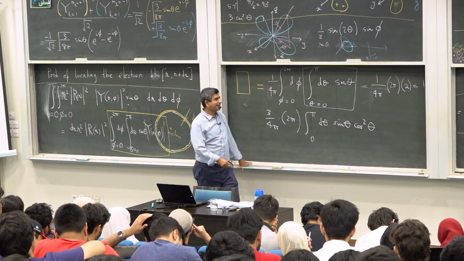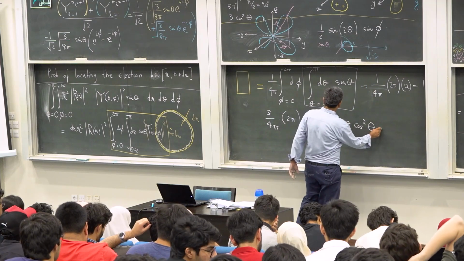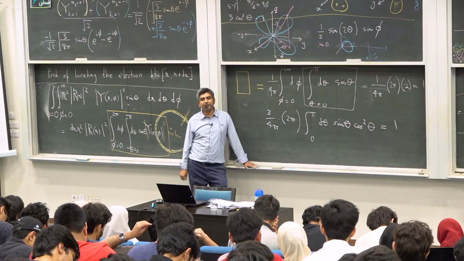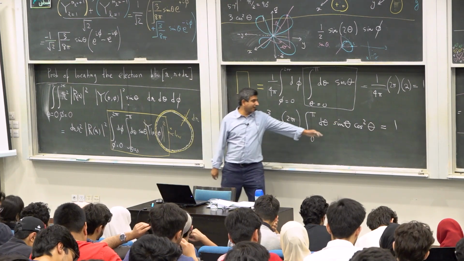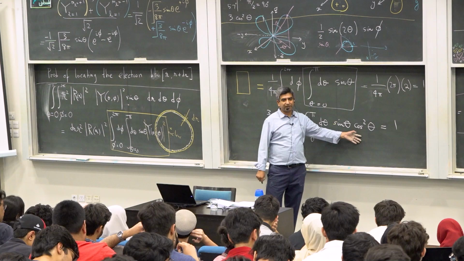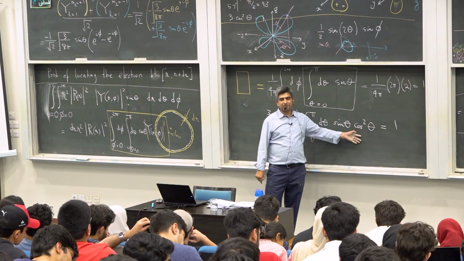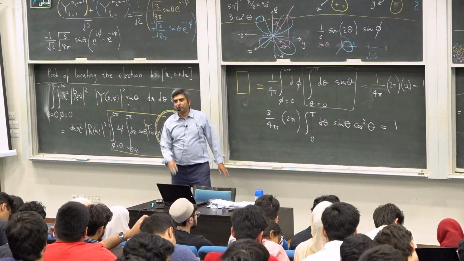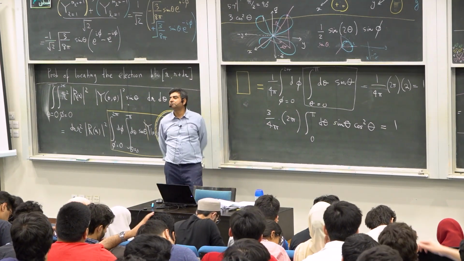So I will still get 1. The integral of this will be cosine cube over 3 with the minus sign. Put the limits, I get 2 over 3, and the answer is 1.